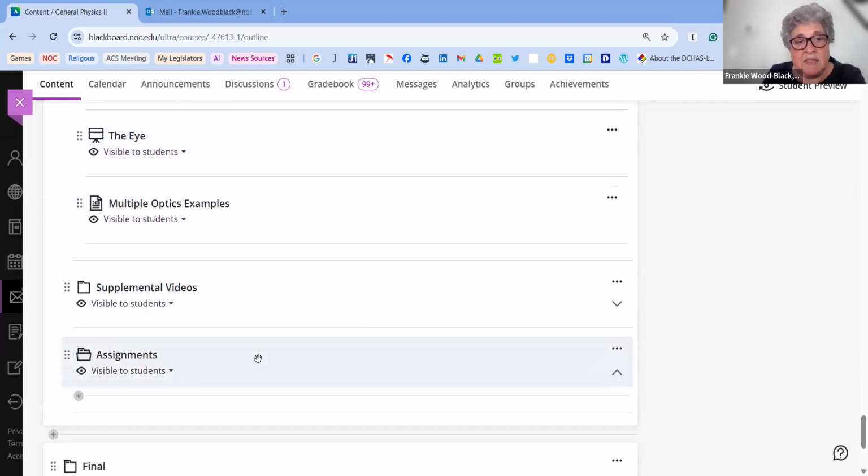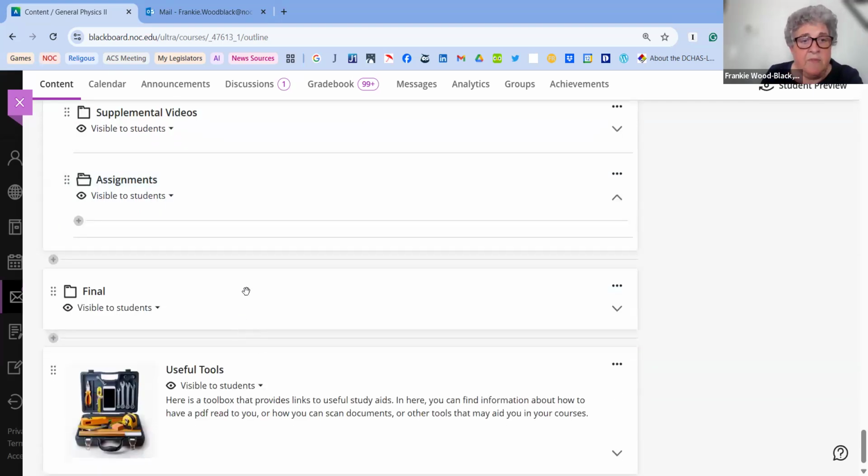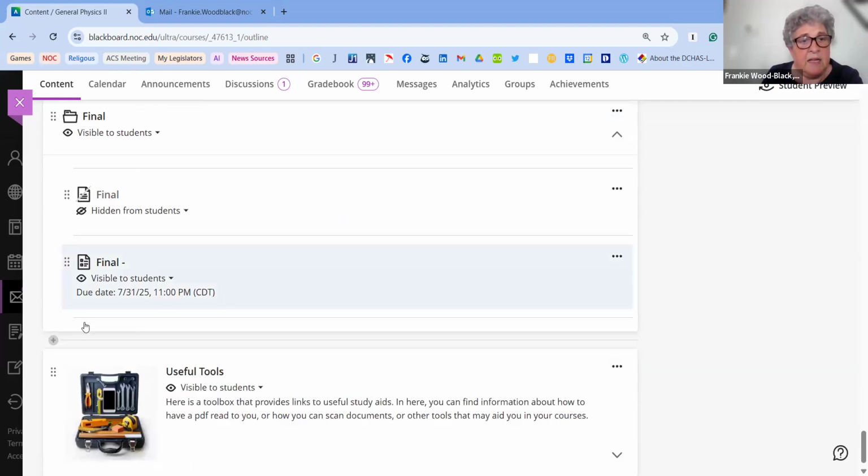If you open up the assignments folder, you'll see it's empty, because everything for the remainder is going to be on WebAssign, except for the final. The final will be due on the 31st, but I will open it next Tuesday, which is the 29th.